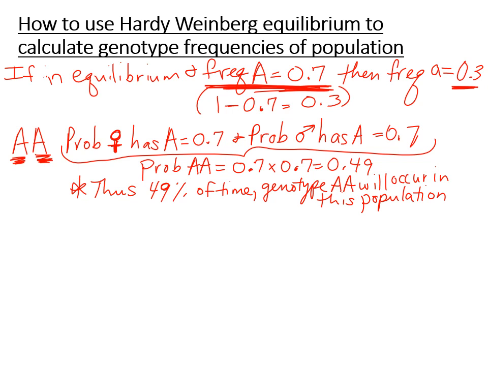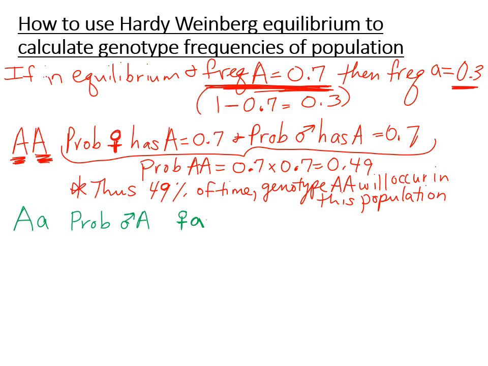Okay, so AA is the same as saying p squared, so 0.7 squared is equal to 0.49. Okay, so you didn't have to write all of this out that I just did, but I wanted you to know the background behind this. Then you have capital A, lowercase a. So you look at the probability of getting capital A from the male parent, from dad, with lowercase a from the female parent.